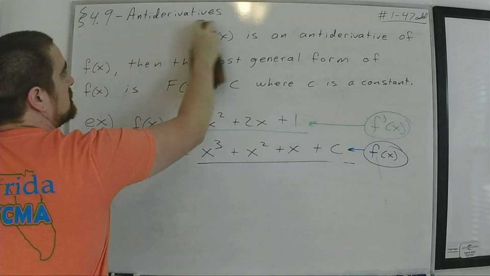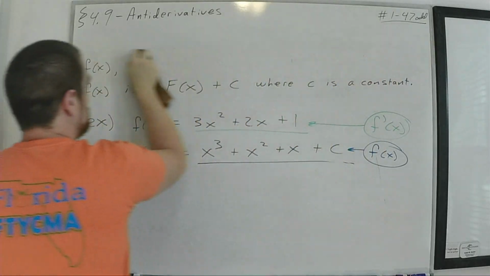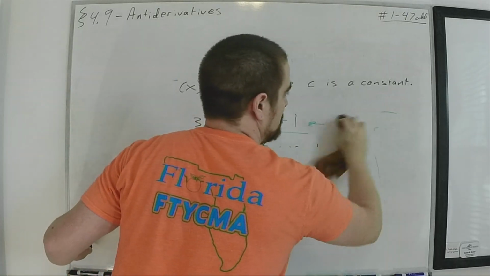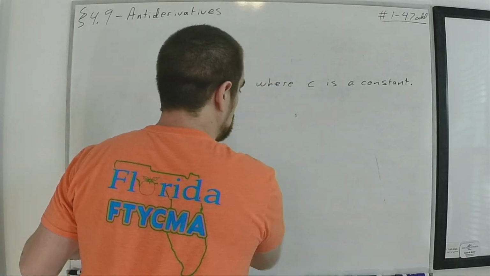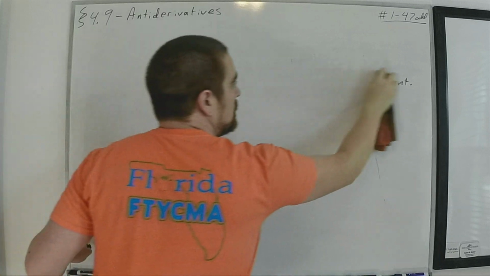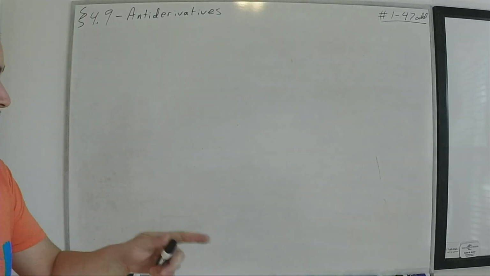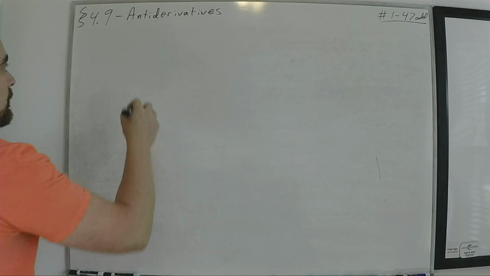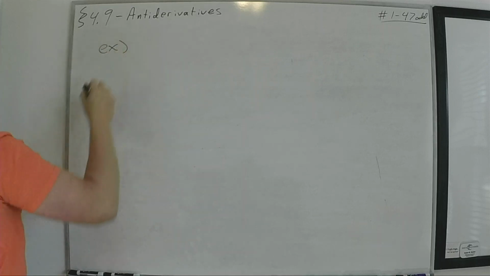So we're going to have to just, for now, trust that plus c gets tacked on there, and we don't have enough information quite yet to find it, but I'll show you. If they give you enough information, you can recover that constant that actually works and gives you the exact antiderivative that you need. So here's just another quick example.